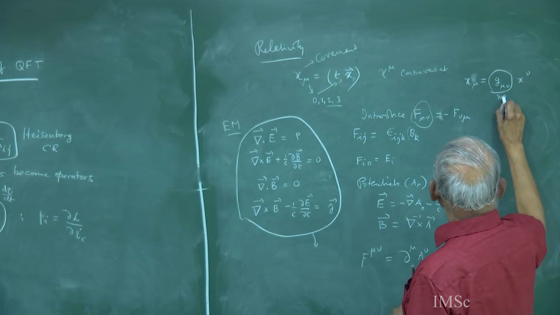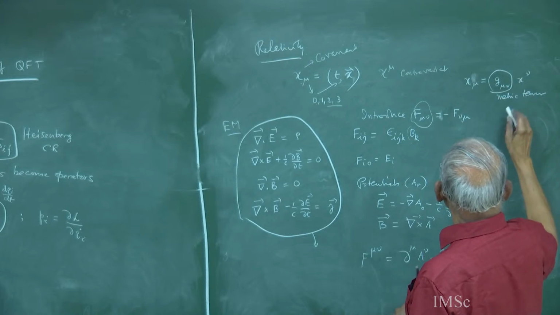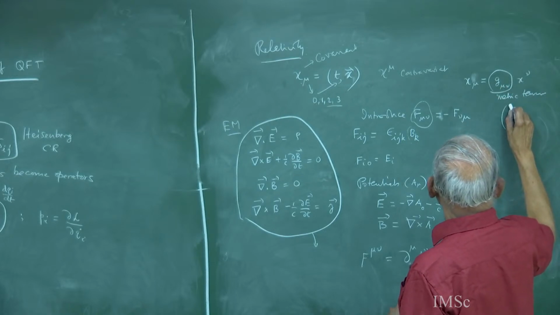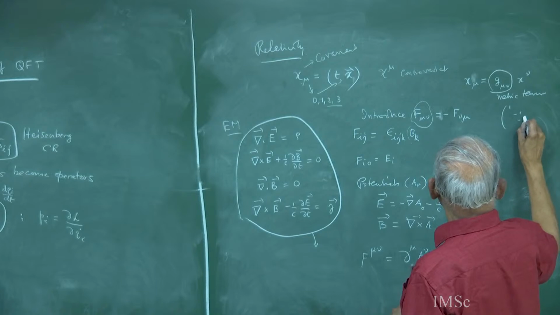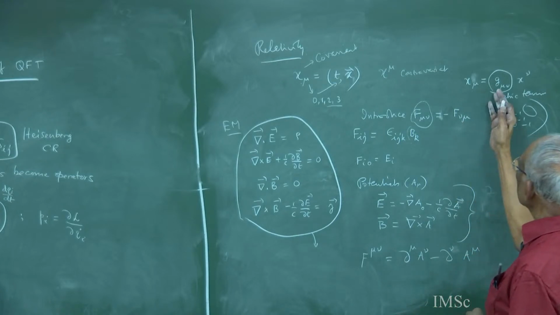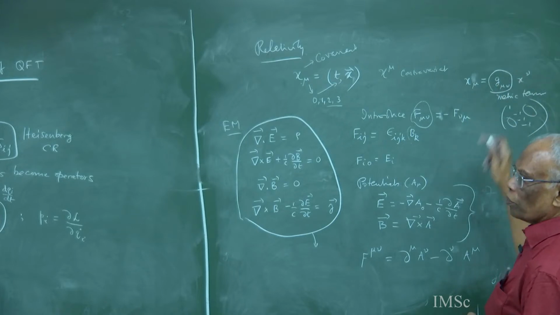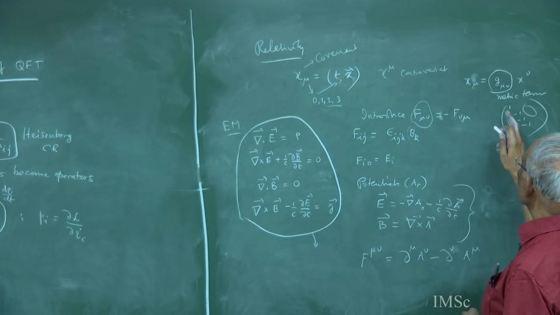This is called the metric tensor, which is a 4×4 matrix, 1, minus 1, minus 1, minus 1, 0 everywhere else. So you can see what it does is all the spatial components get reversed between the covariant and contravariant, whereas the time component does not get reversed.